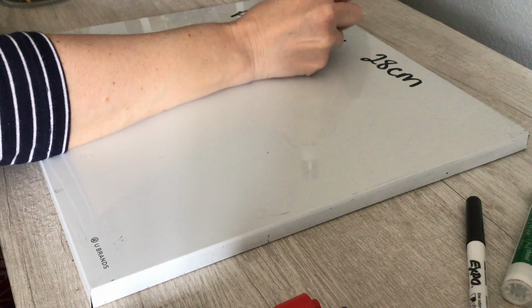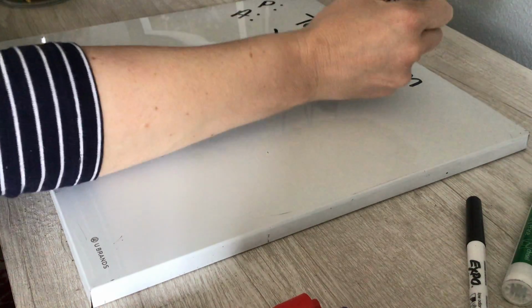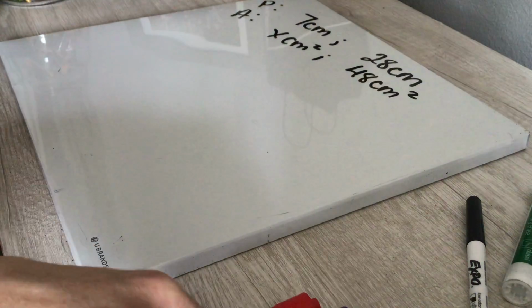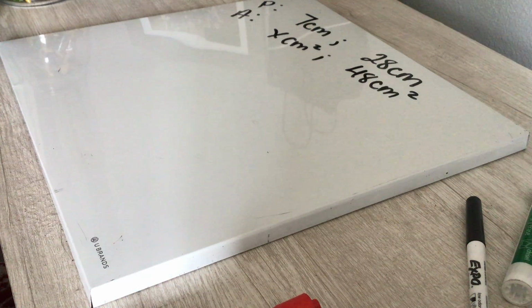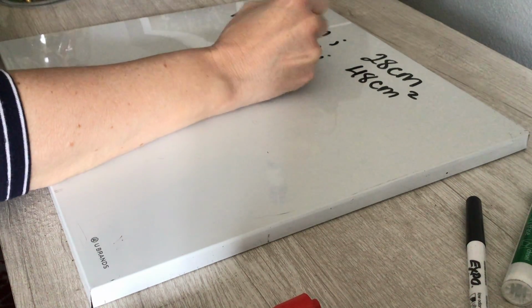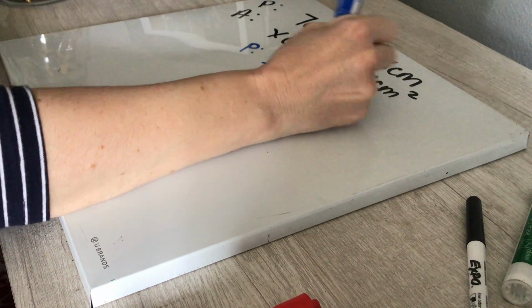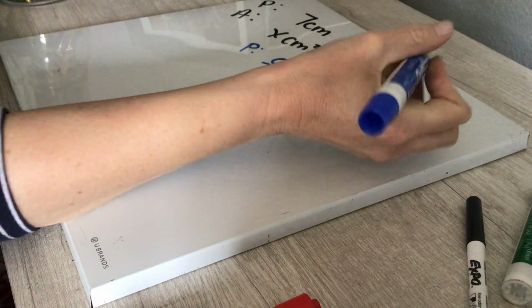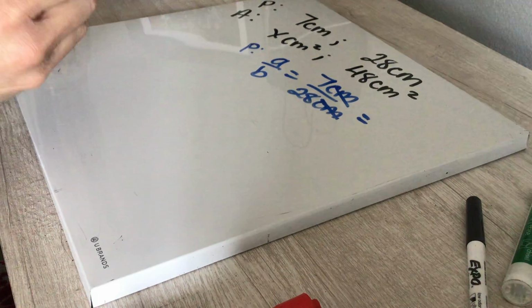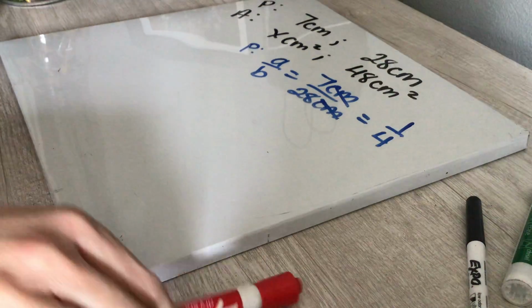We don't know its area, but our larger figure has an area of 48 square centimeters. Again, you get to use ratios here because the perimeters have a ratio of A to B, so 7 centimeters to 28 centimeters. The centimeters cancel, and 7 over 28 reduces to 1/4. That's the ratio of their sides.